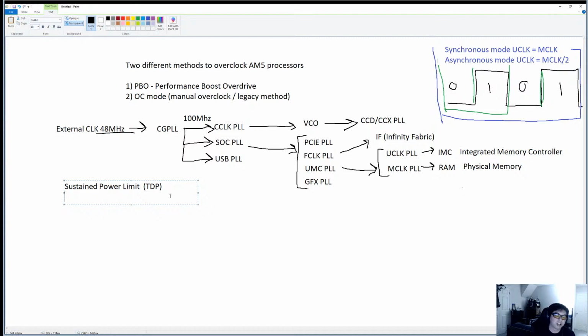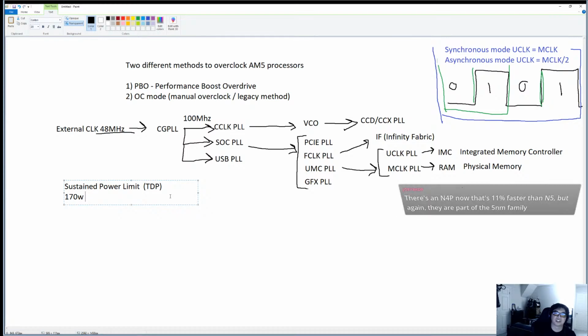So thermal design power is the TDP. But the way AMD derives the thermal design power is their sustained power limit. So when they say, for example, 170 watts, they say that the processor should be able to sustain a 170 watt power draw at a given frequency curve, and it'll scale with a certain amount of voltage that will make it equate to the 170 watts.